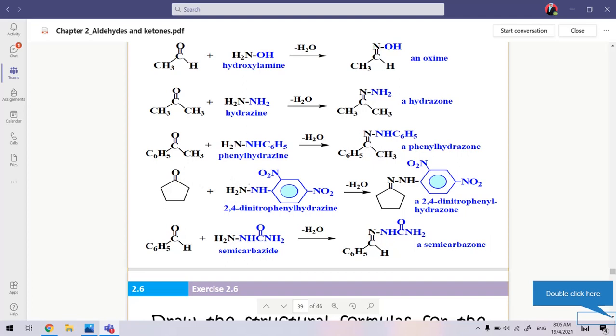This double bond attached with N and H, you get this structure, 2,4-dinitrophenylhydrazone. And how about this example? This double bond attached with this N and H, C double bond O and H2, then you get a semicarbazone.